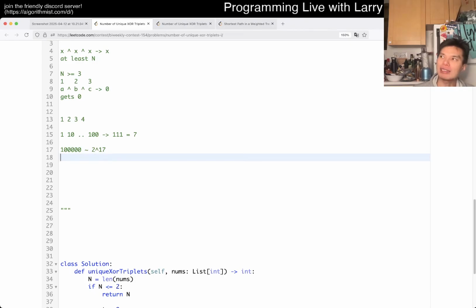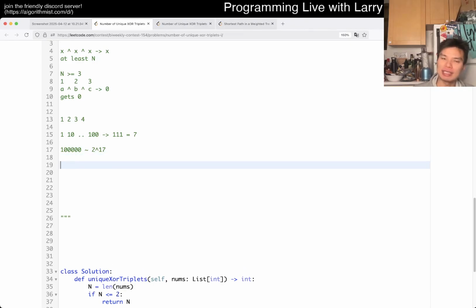And I thought the idea here is that we just have to get the max number, and the max number is 2 to the 17. That means that in a way, you just have to choose 3 numbers, but you can always get 3 numbers.